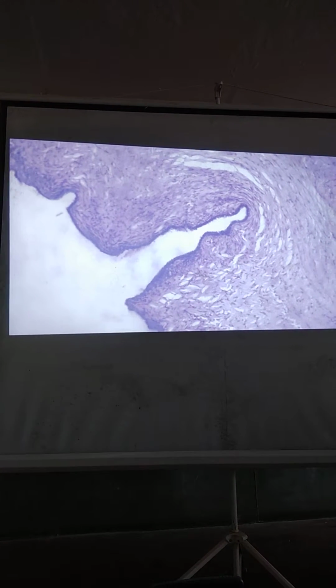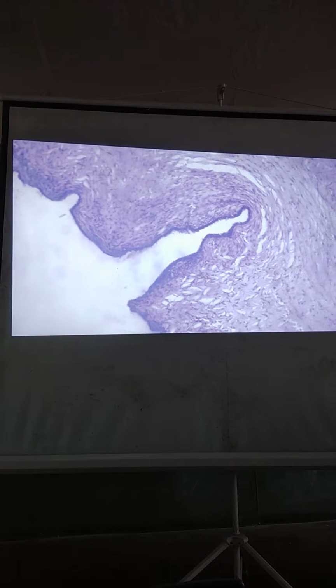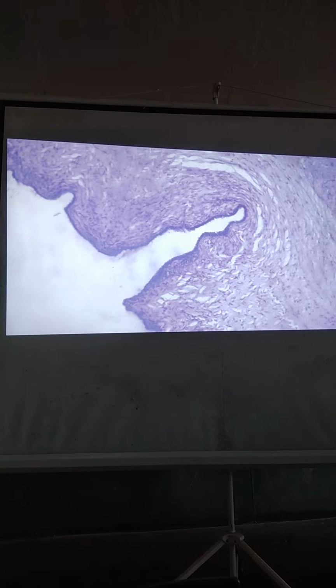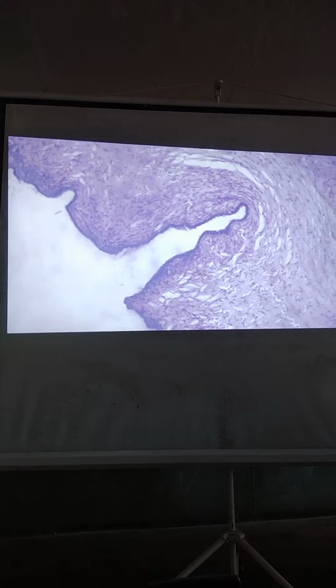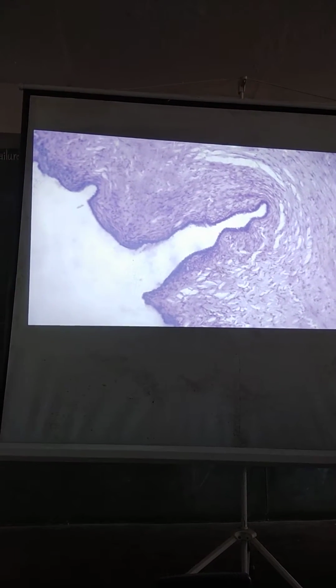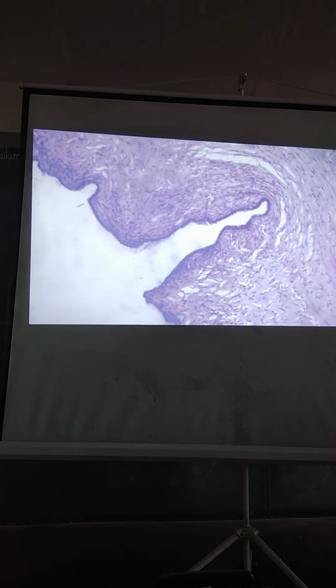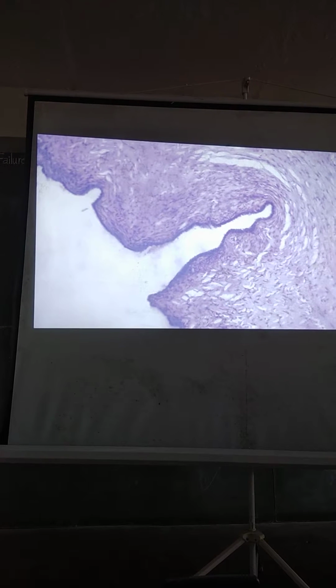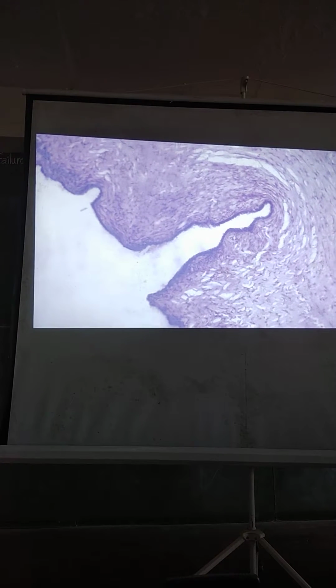So nuclear changes: enlargement, hyperchromasia, presence of an active RNA focus in the nucleus, your so-called nucleoli, and pleomorphism. Those are the nuclear changes that you have to note in malignancy. If these are not present, then it's safe for you to say you are looking at a benign lesion.